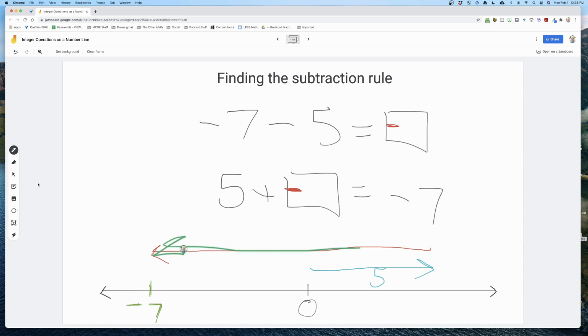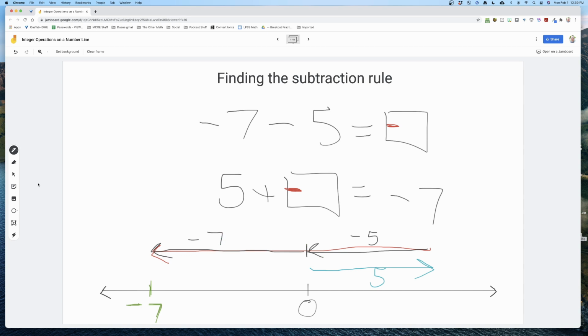If we've started at the 5 and we go all the way down to the -7, what did we do? We're going to decompose that line into two portions. From here to here is a -5, and then we've got another portion right here, which is -7.